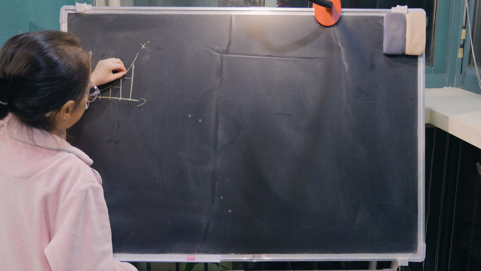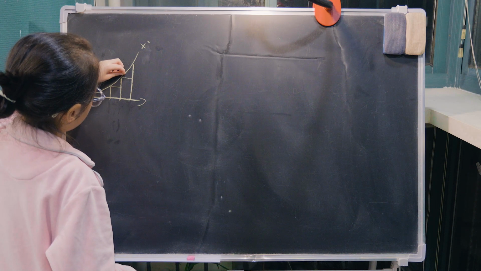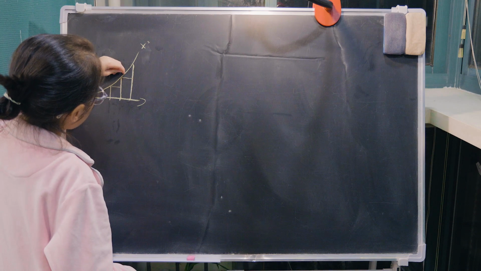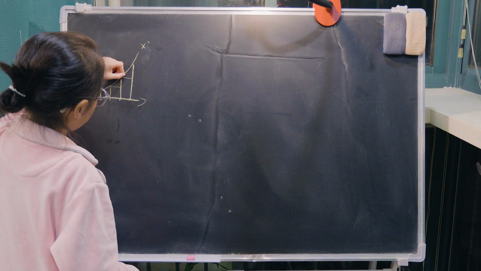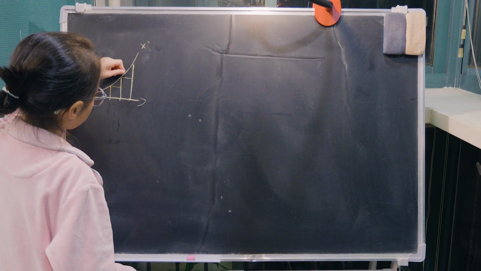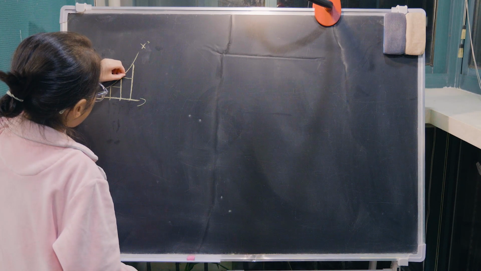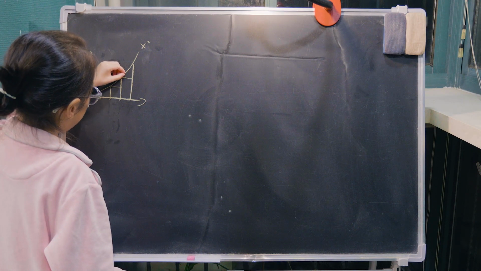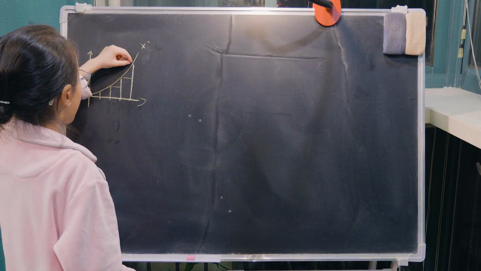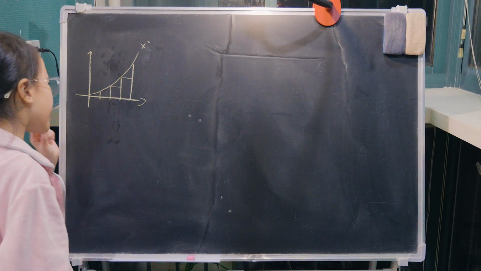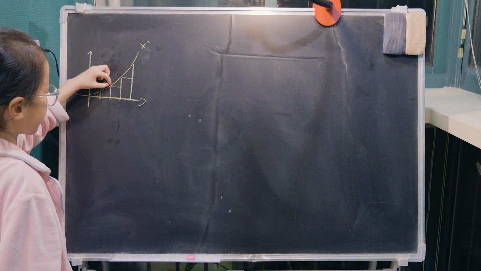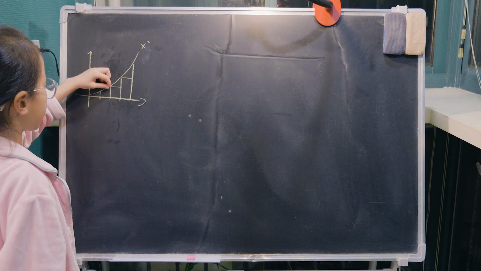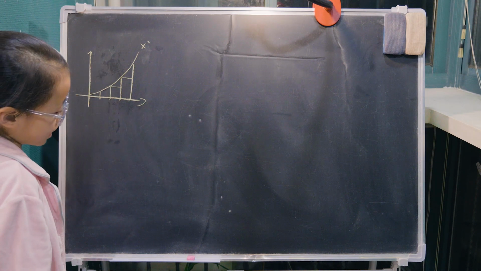Every increment comes from dy over dx at this moment, times dx, and so on. So now, this difference is the same: first dy over dx times dx, and the second dy over dx times dx, and so on.